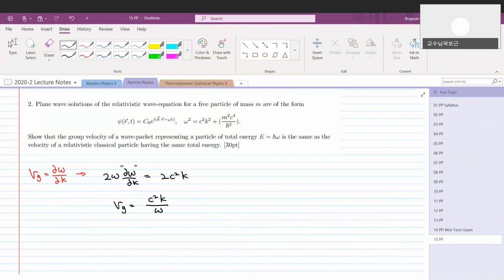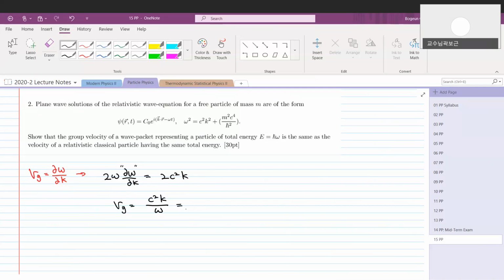So here we should show that the group velocity is equivalent to the velocity of the relativistic particle. To find such a relation, let's multiply h bar on the top and bottom.